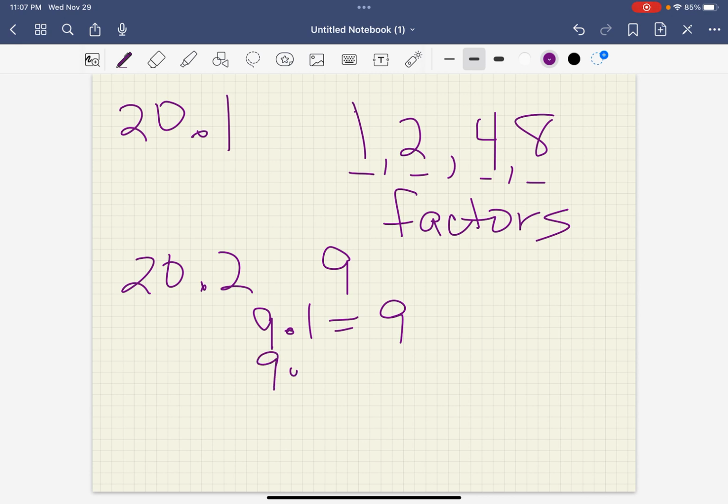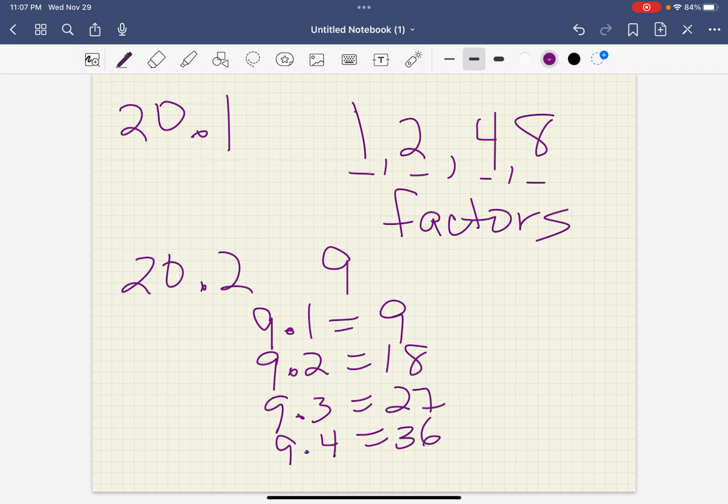So then we have 9 times 2 is 18. 9 times 3 is 27. 9 times 4 is 36. And what did it say? Less than 50. 9 times 5 is 45. 9 times 6 is 54.